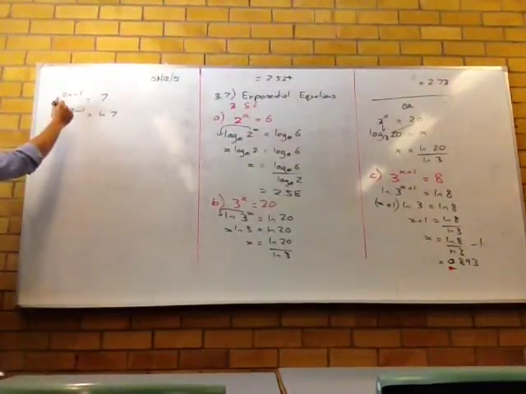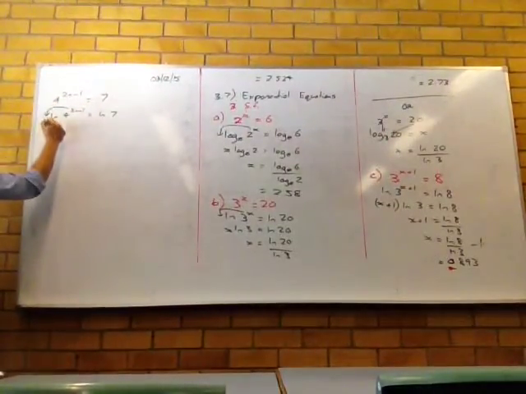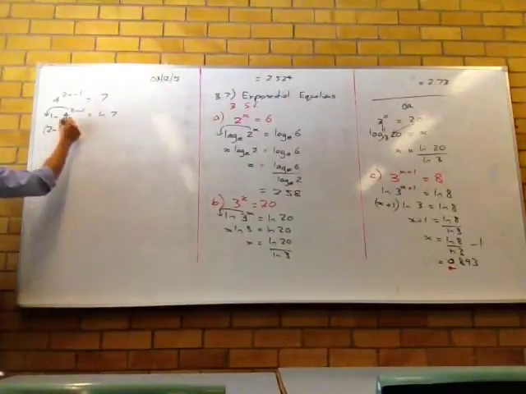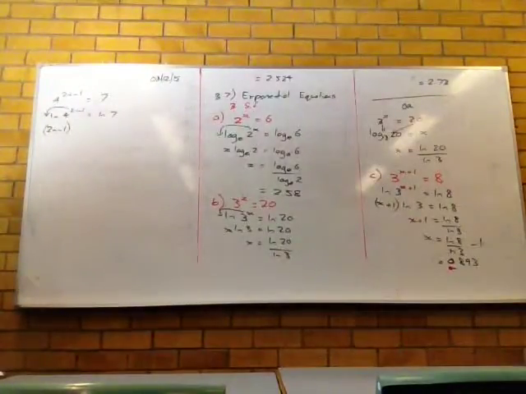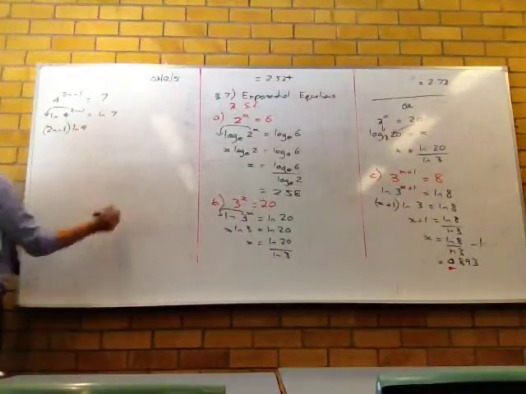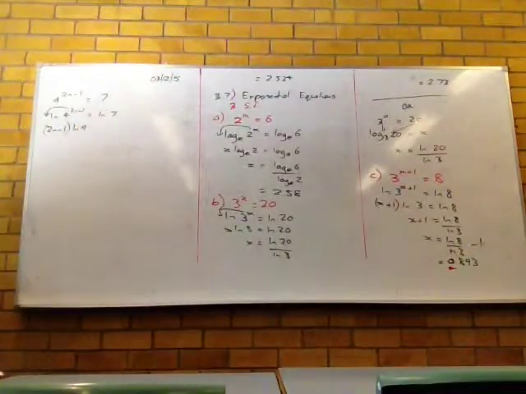Okay, in the log law, you can bring down the power. Make sure you put it in a bracket because it's the whole thing multiplied by the natural log of 4. Not 2n take away the natural log of 4.